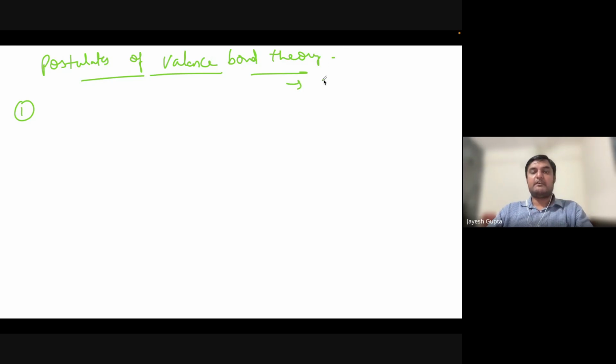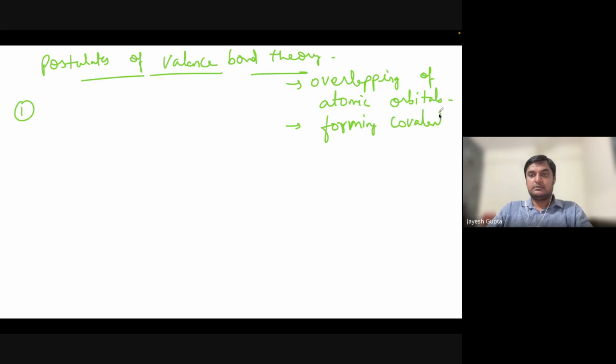First important points I've already told you: forming of overlapping of atomic orbitals, and second one is forming covalent bond. This was introduced by Pauling and Slater.